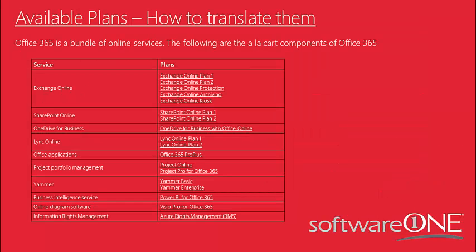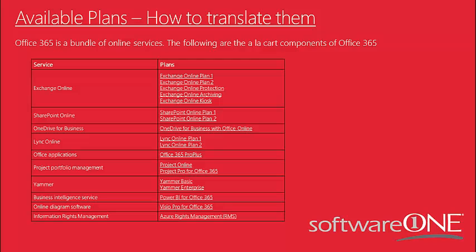So let's take a look at how Microsoft has built Office. All those things I just said about the ability to mix and match and to only buy the functionality that you really need is strictly because of the way that they've built it. This is kind of what it looks like from a hierarchical perspective. When we look at Exchange, the SharePoint functionality, the Lync functionality, they've created different plans that somewhat match the on-premise licensing.